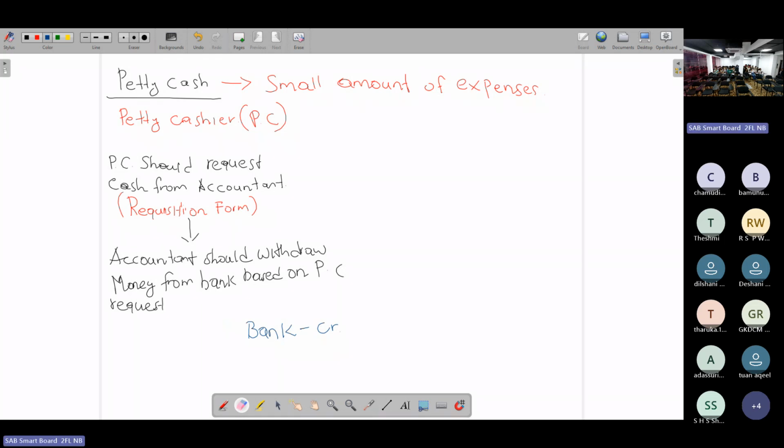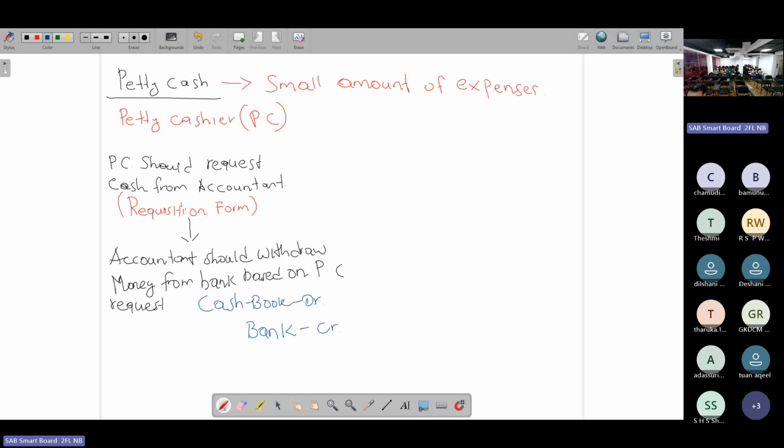First, before giving to the petty cashier, he withdraws and keeps the money. Then, write cash book debit, bank credit. First, write this one. Okay. So he has withdrawn the money. Now, after withdrawing the money, he should give that money to the petty cashier.